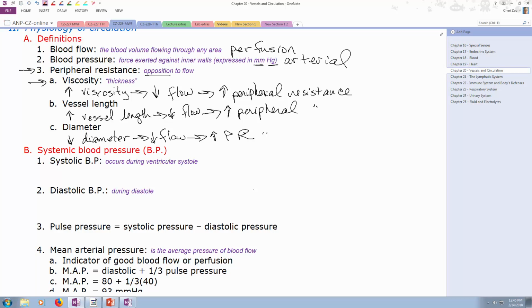So this will have a great impact also on our blood pressure. Systolic and diastolic blood pressure refers to the ventricular phenomenon because we're in the arterial system. And systolic blood pressure occurs during ventricular systole. And this is all about blood moving into the arterial system.